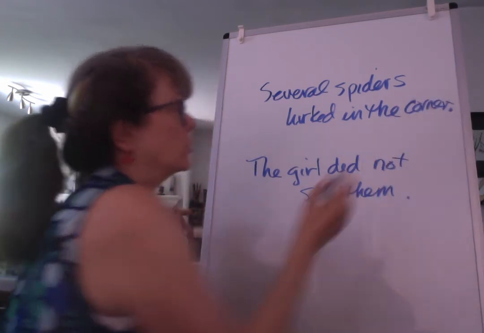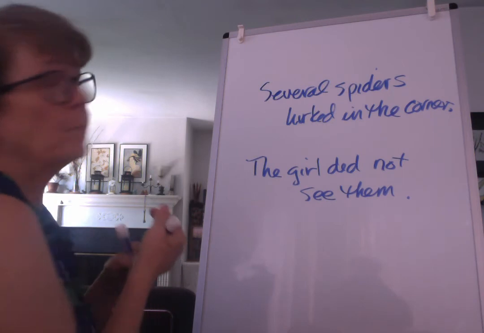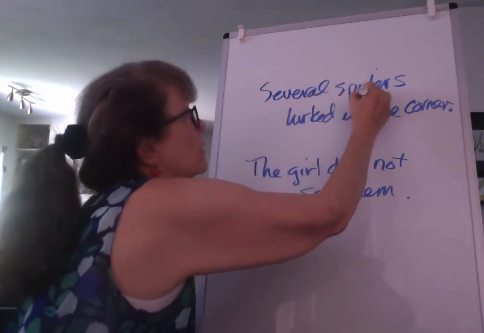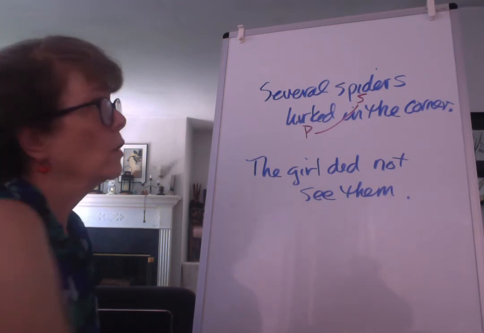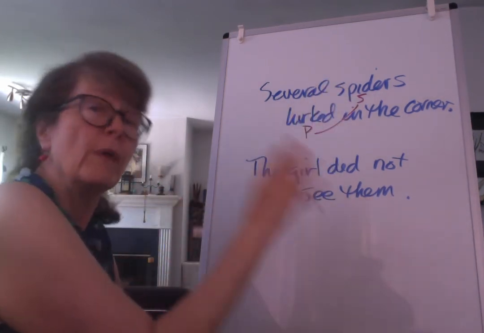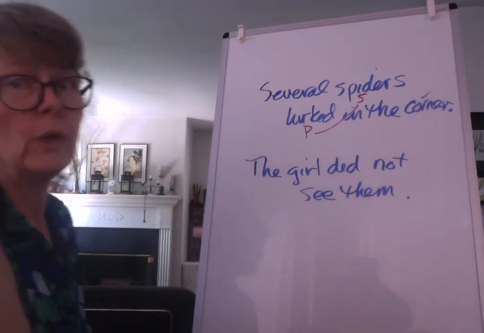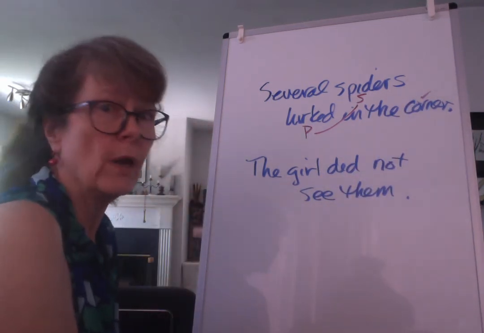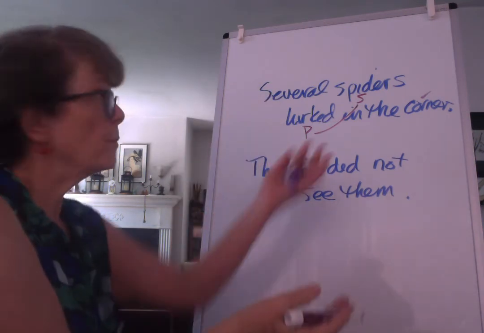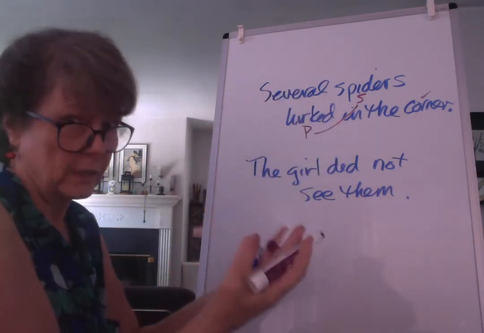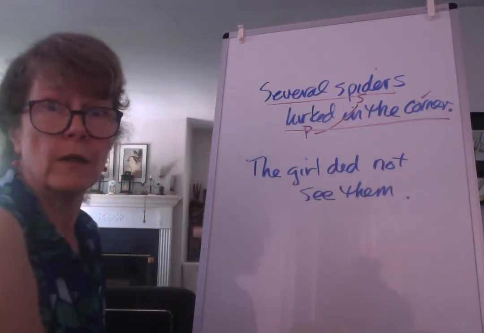Okay, we've got two main clauses there, right? Several spiders lurked in the corner. Here's the subject, here's the predicate. They go together. We check all the rest of the nouns there, make sure we're not missing a subject. Corner is a noun, but it's not doing anything, so it's a noun, but not a subject. Several spiders lurked in the corner. Group of words with a subject and predicate expresses a complete thought. So it's a main clause.